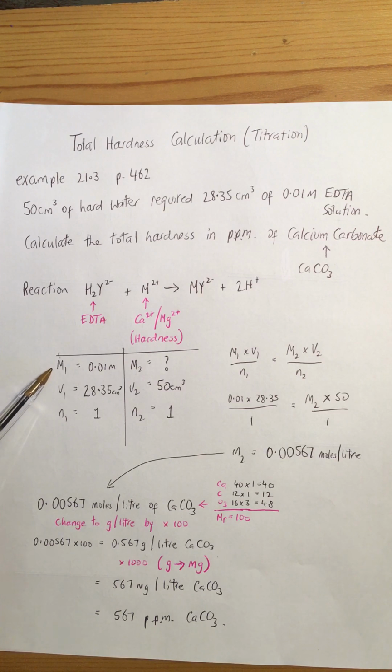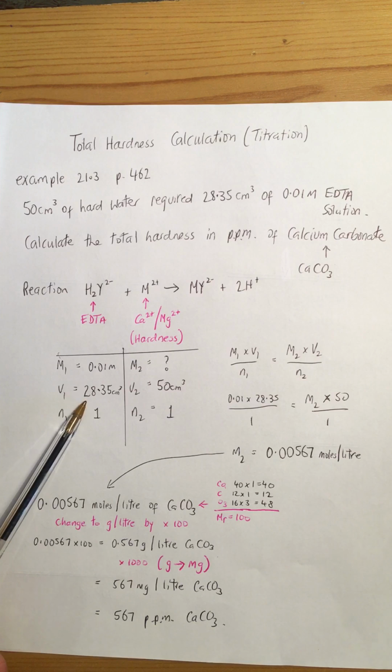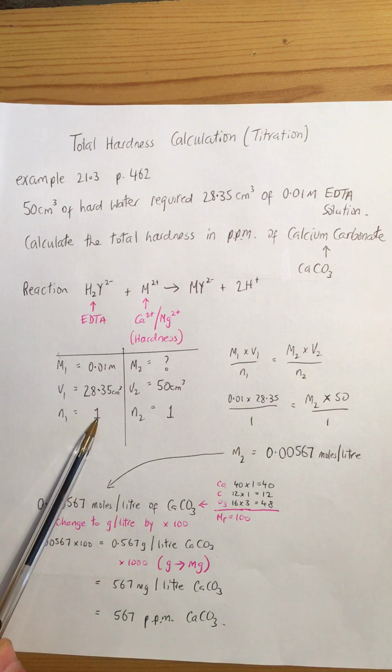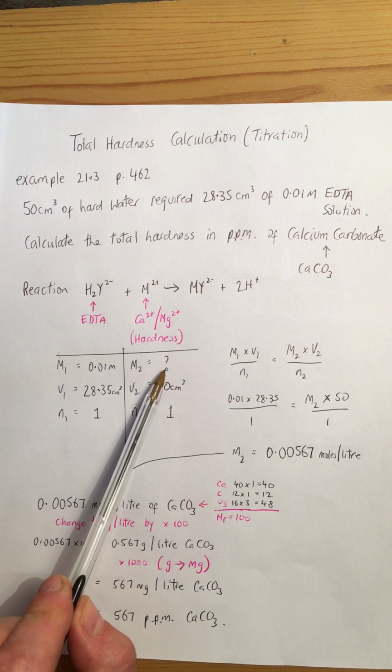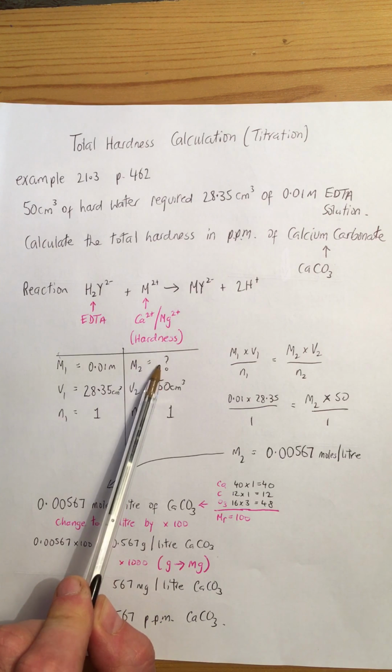So we just fill in as normal, your M1V1/N1. So for EDTA, they give the concentration. That's your burette reading, and one of them reacts with one of them. We're interested in finding out the molarity of the calcium and magnesium ions.